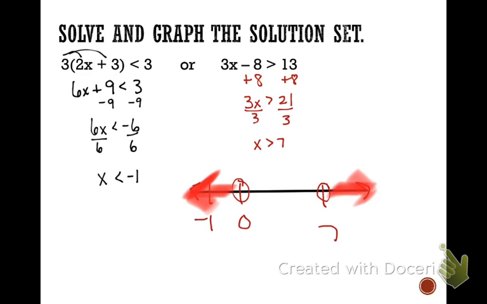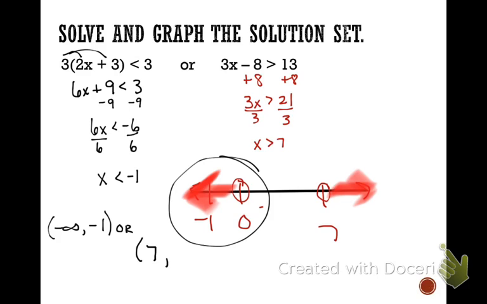When we write this as an interval, it's real simple. You write it as two separate ones. How am I going to write this one over here on the left side? Negative infinity to negative 1. And how am I going to write the second one? Parenthesis, 7 to positive infinity.